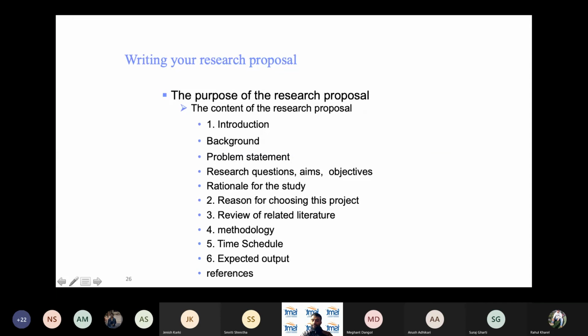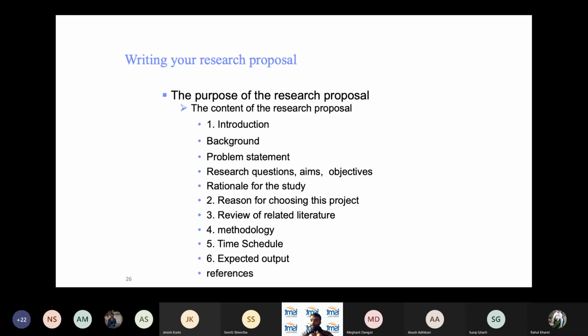Again, we study about the method. Methodology is also a creative process, because there is no specific pathway, as we already saw on the previous slide. There is no one single method for all research. There are different methods for different research. So that is also the creative process. For your research, you have to select your own method.